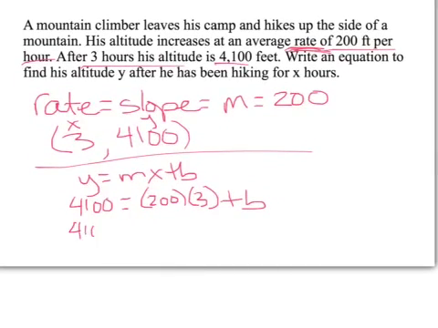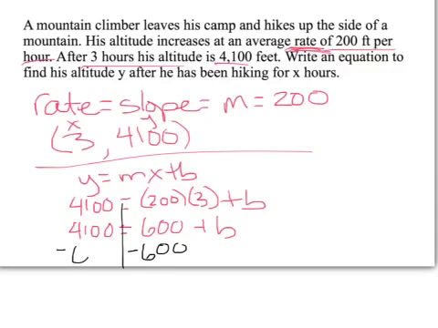So 4,100 is equal to 600 plus b. So we want to isolate the b. 600 is with b. It's a positive 600, so this time I'm going to subtract 600. So it's the opposite sign. 4,100 minus 600 is 3,500. So b equals 3,500.